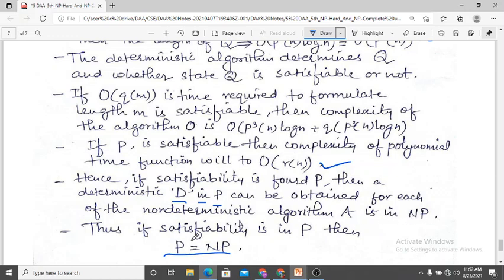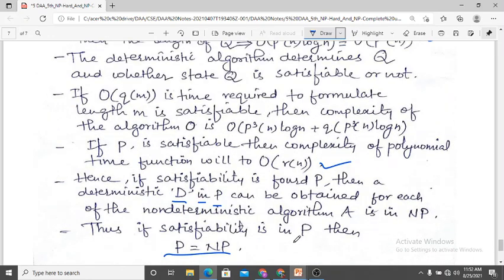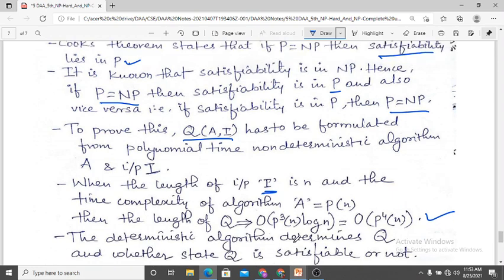Thus if satisfiability is in P, then P is equal to NP. So we say P is equal to NP when we are using Cook's theorem.